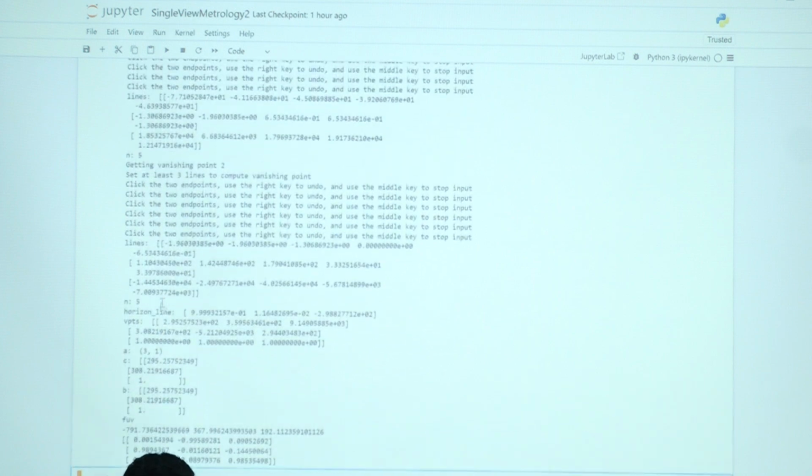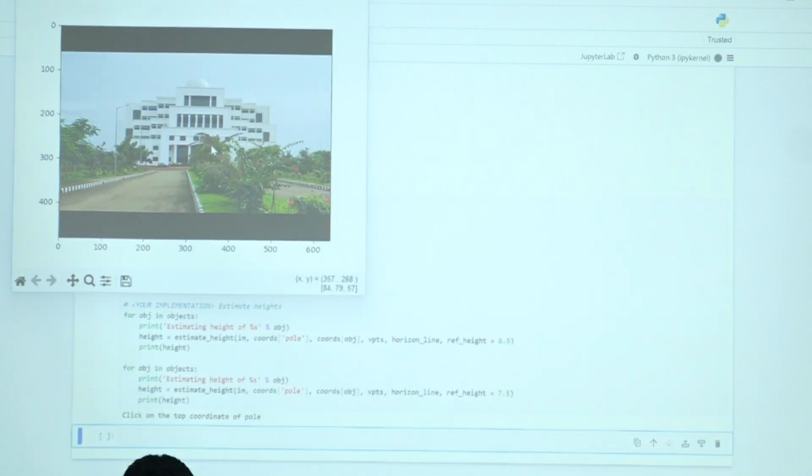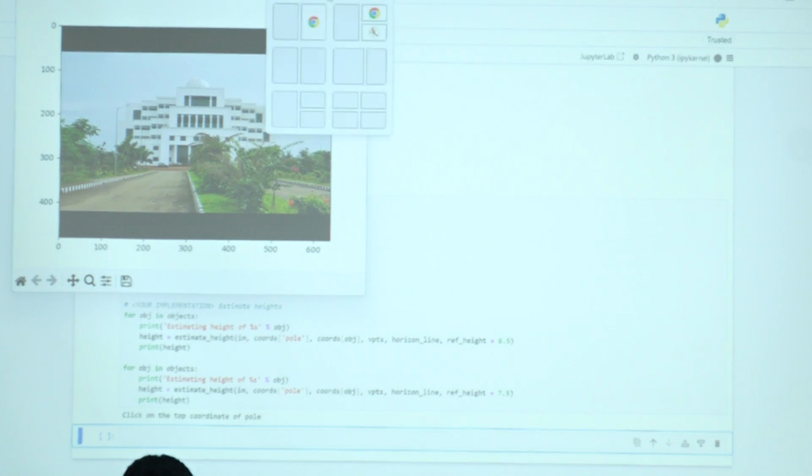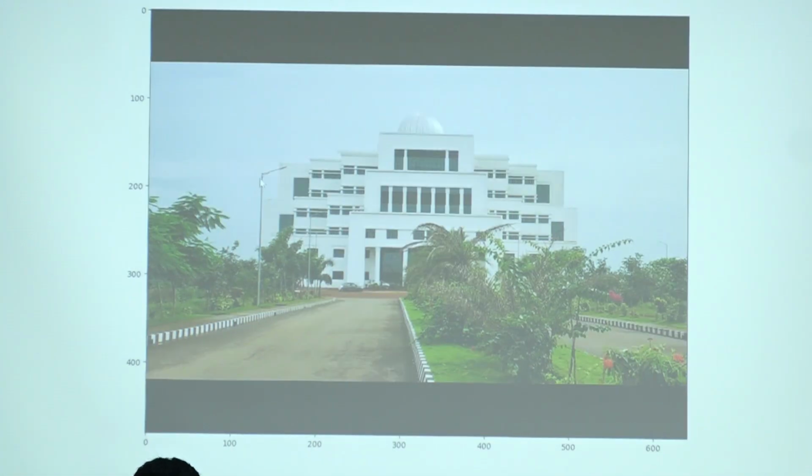So it's estimated my F and U and V. Those are the numbers. And then I can run this. And I'm going to assume that the height of the pole is either 6.5 meters or 7.5 meters. I don't know if that's correct, but that's what I'm assuming.